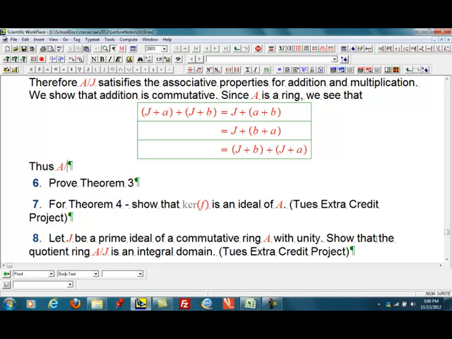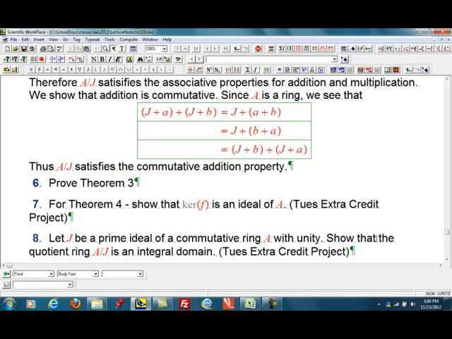Thus, A mod J satisfies the commutative addition property. So we've done associative for addition and multiplication, we've done commutative for addition.